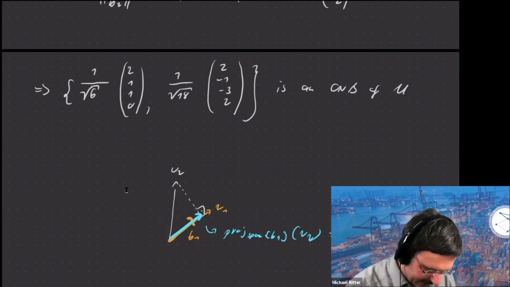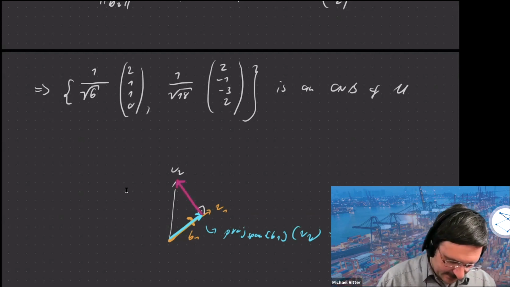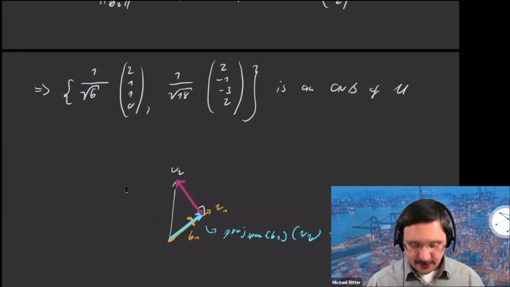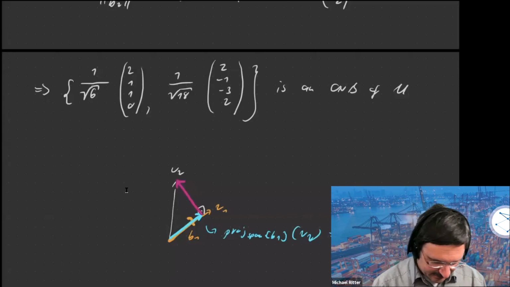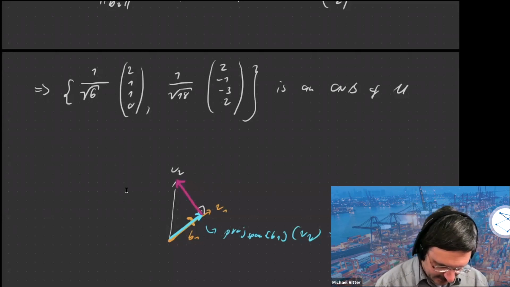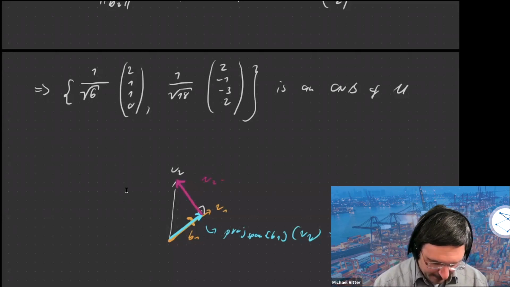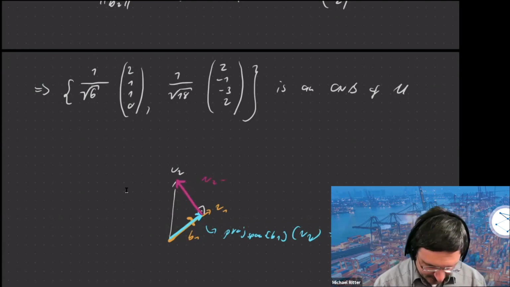And then this red vector here, that would then be the vector that we compute. So this is V2 minus the projection.